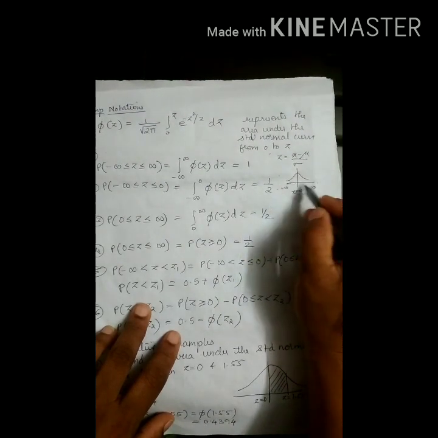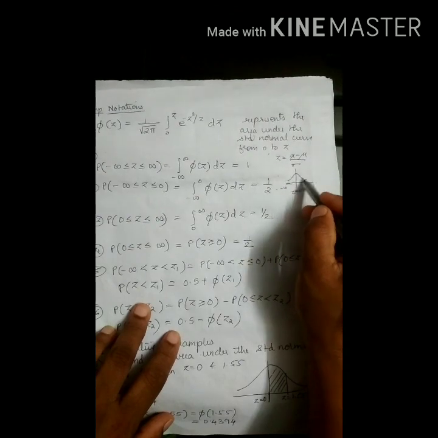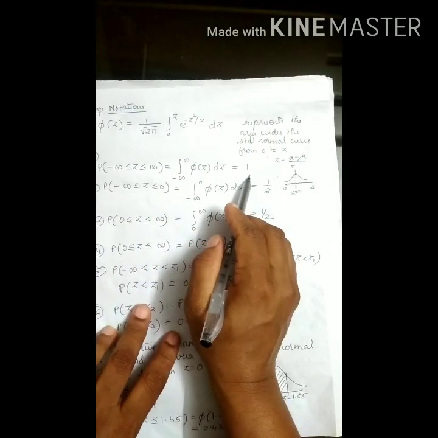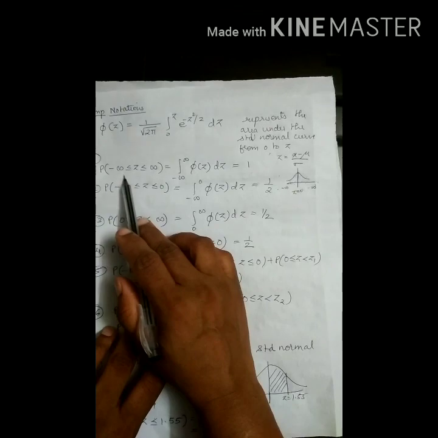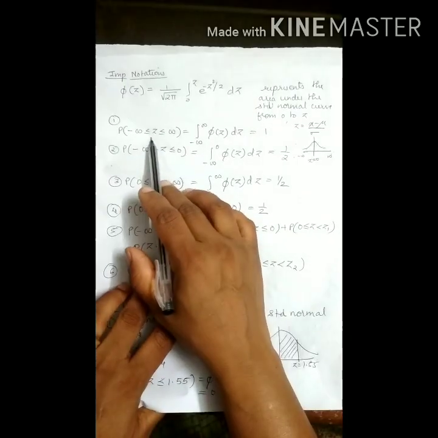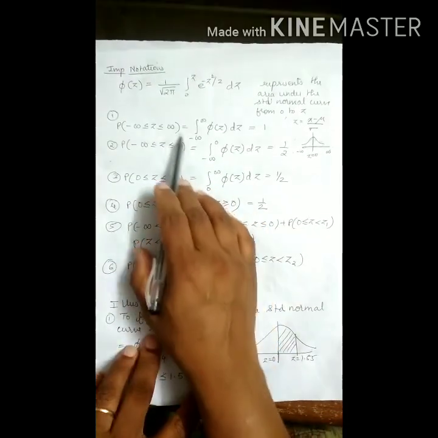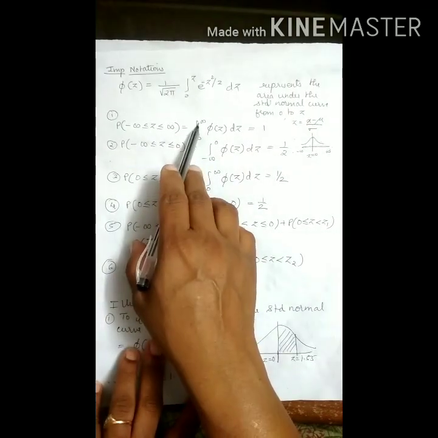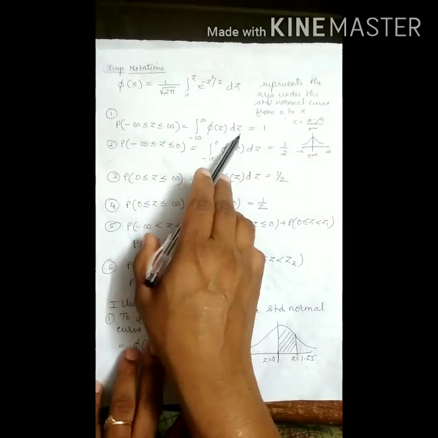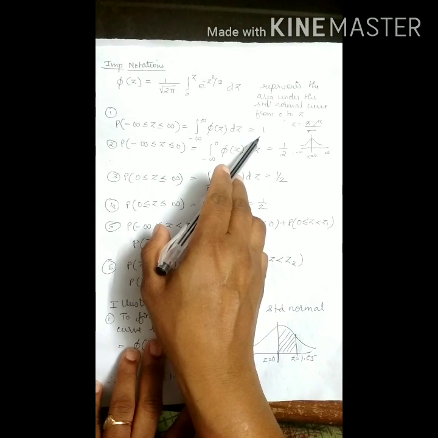This is spoken about the line z equals 0, meaning the graph of the bell will be symmetric about the line z equals 0. From minus infinity to plus infinity, this whole area is equivalent to 1. So its value will be 1.